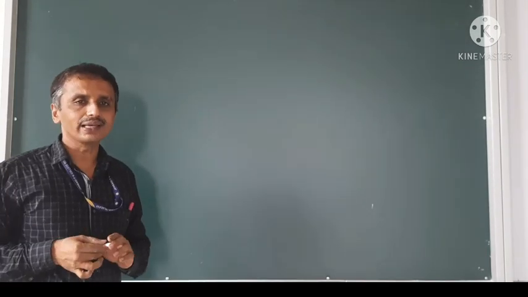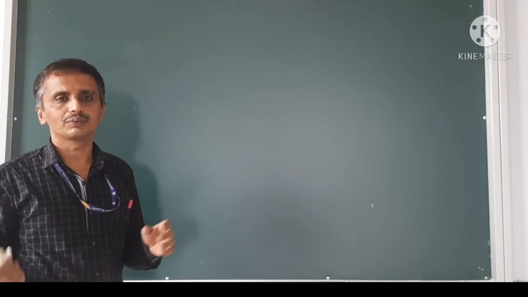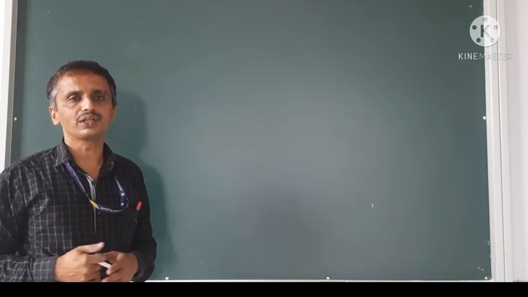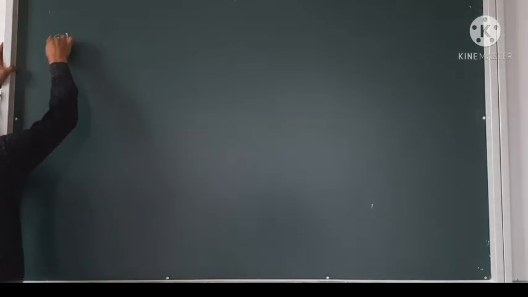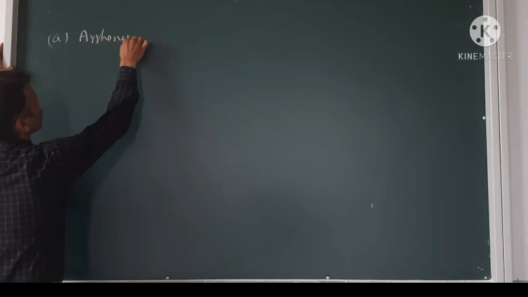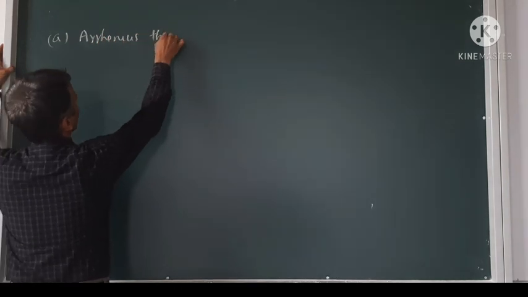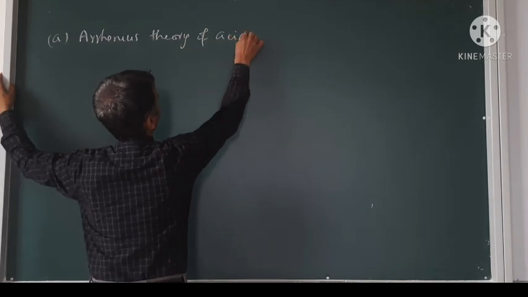To explain which is an acid and which is a base, different concepts are there. First one is Arrhenius concept or Arrhenius theory of acids and bases.